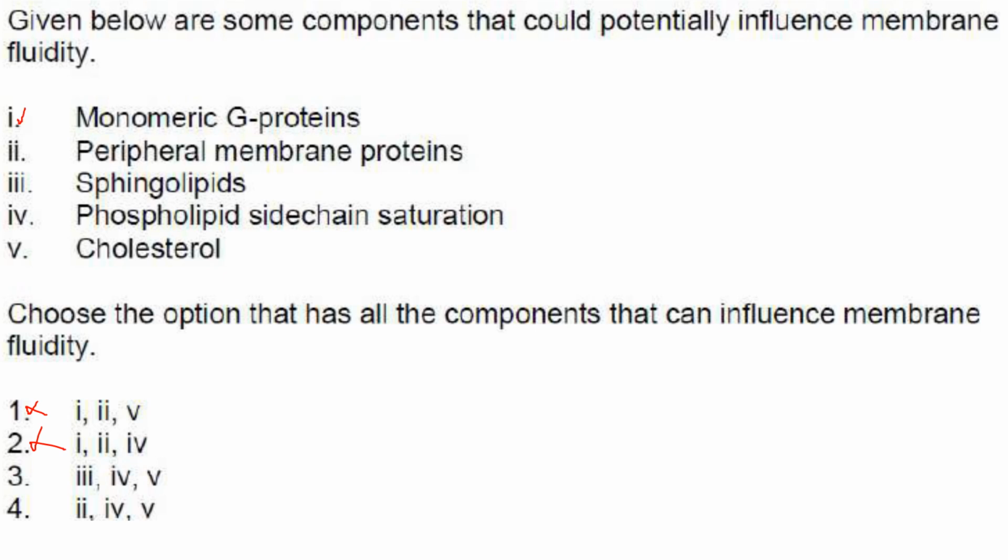Peripheral membrane proteins. They are bound to the surface of the membrane and are not embedded in the lipid bilayer. So therefore they do not affect fluidity. So wherever 2 comes, that is also gone. So what is left out? 3 is the answer. Sphingolipids, they influence membrane fluidity.